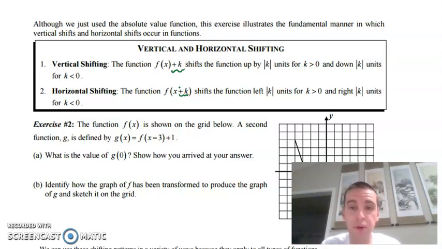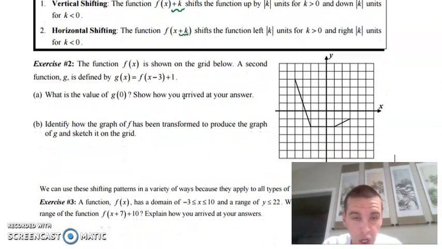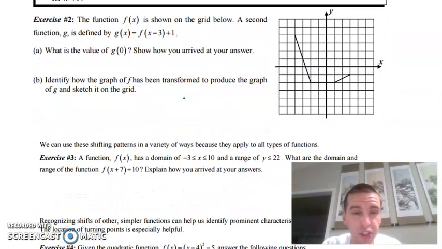It moves it up or down, just like you would think. Plus k moves it up k units, and minus k moves it down k units. If it's on the inside, anything on the inside is opposite of what you think. And therefore, if it's a positive k on the inside, it actually moved it left, and it's moved right if it's a negative k.